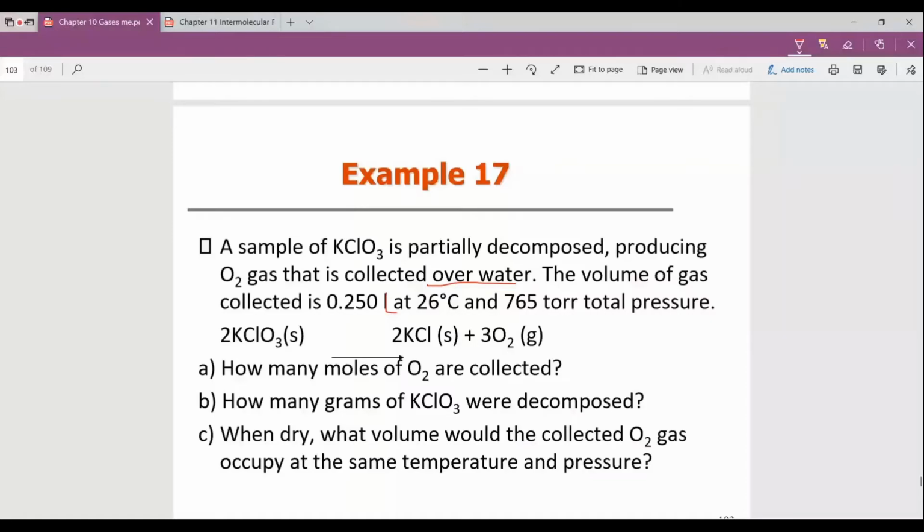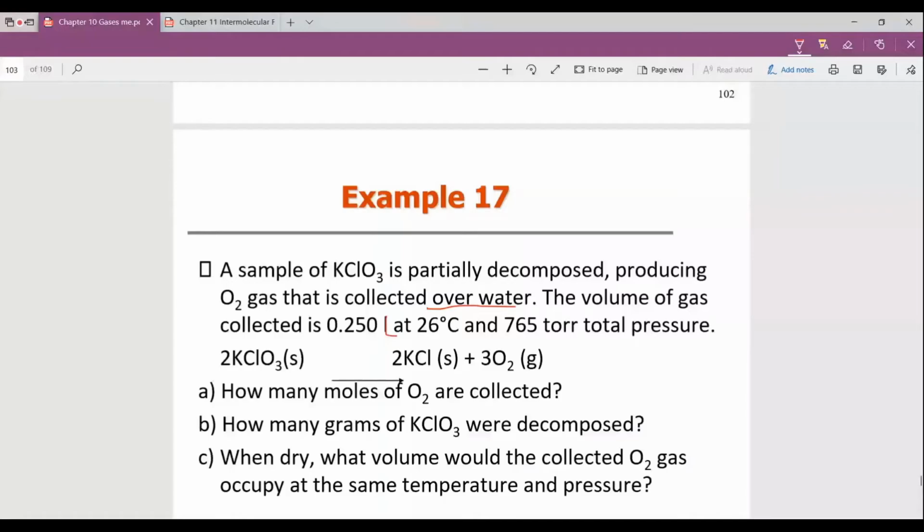Okay, in order to find the number of moles of O2, we have the volume equal to 0.25 liter. Try to extract the information given, then you do the question based on the relevant formula, because we have a few formulas in this gas chapter. So we try to come up with the information.